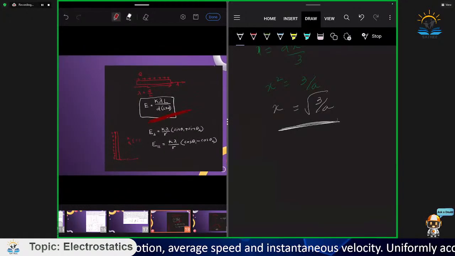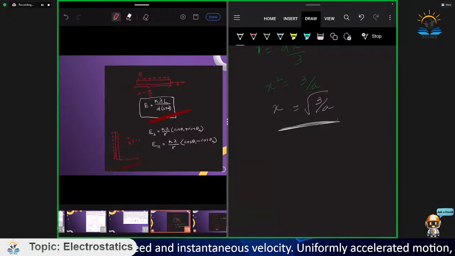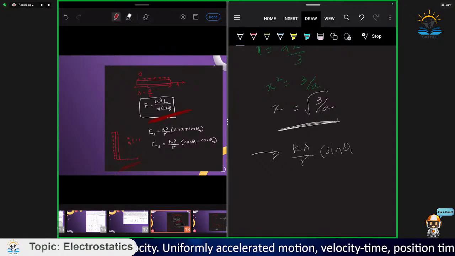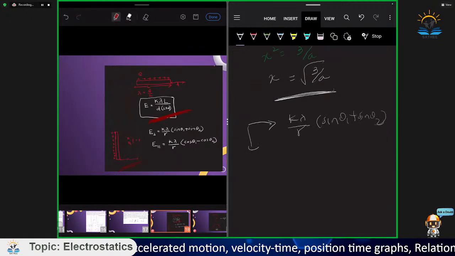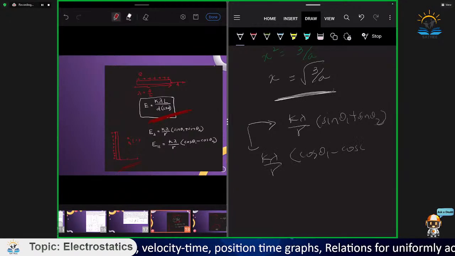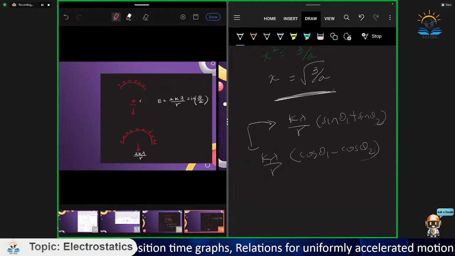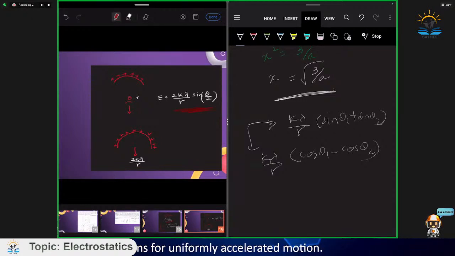If it is placed perpendicularly, then at point P, which makes theta 1 with one end and theta 2 with the other end, E perpendicular will be K lambda by R into (sine theta 1 plus sine theta 2), and along parallel will be K lambda by R (cos theta 1 minus cos theta 2). Easy.